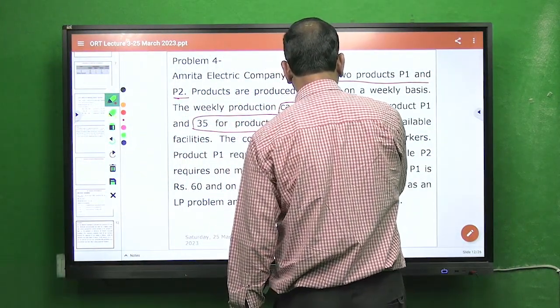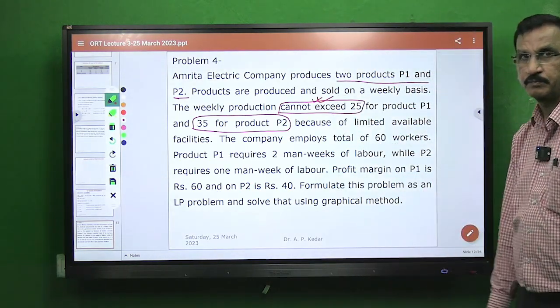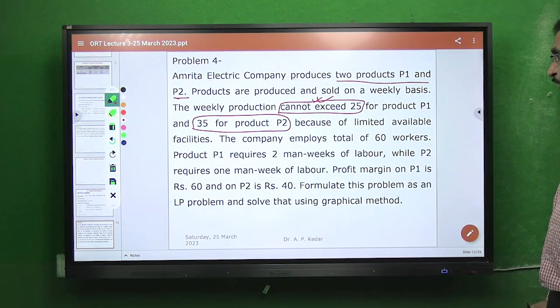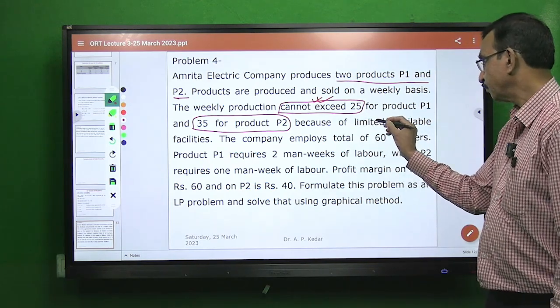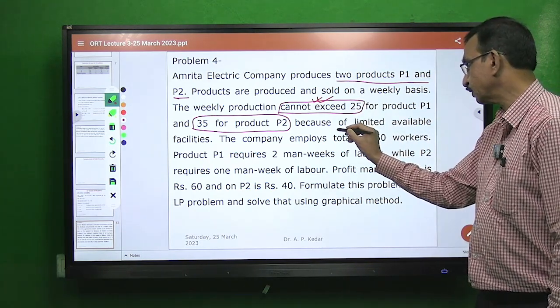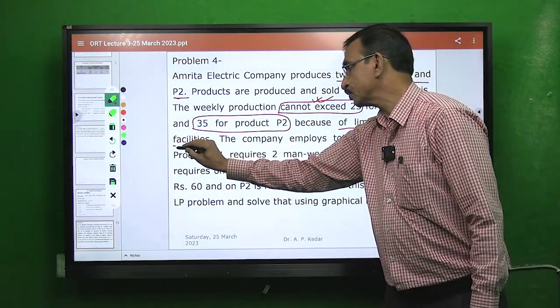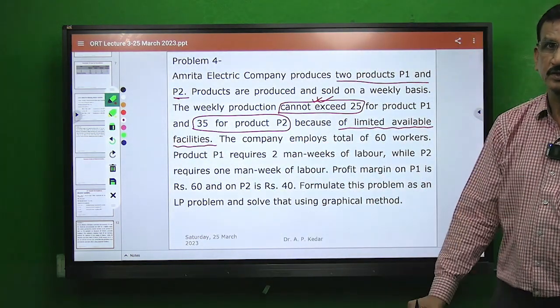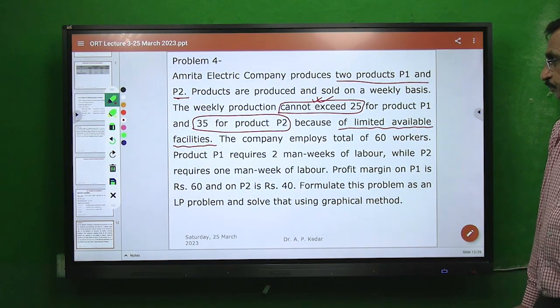This is very important. The cannot exceed condition is given because of limited available facility. Why can production not exceed? Because the organization has a shortfall of the facilities needed to produce P1 and P2.